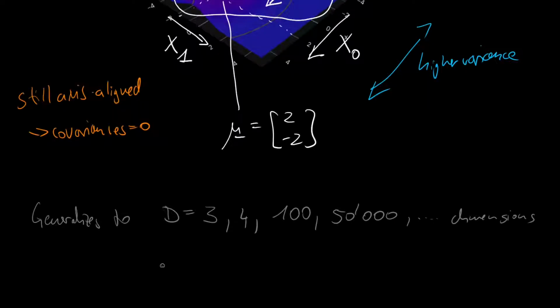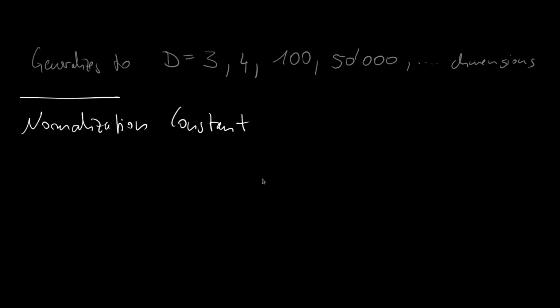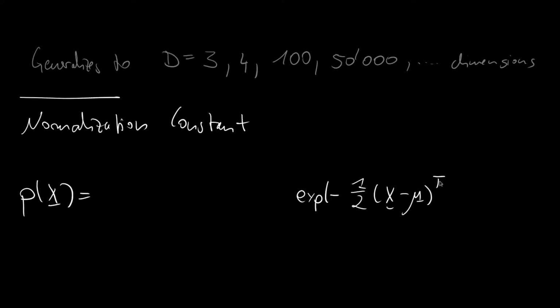Let us now introduce the normalization constant. Because earlier we looked at the probability density function, and for it we said that we just look at the proportional first. Now let's look at the proper probability density function. So we have a p of x, and recall for the exponential term we had e to the minus 1/2, then vector x minus vector mu in brackets transpose, then the inverse of our covariance matrix, and then x minus mu again.